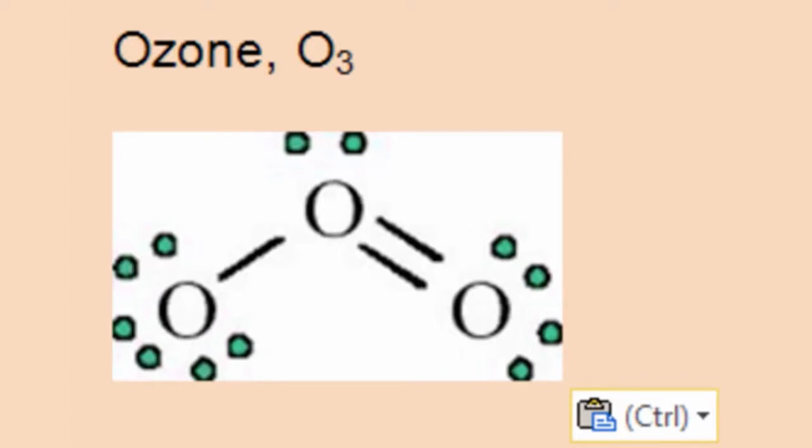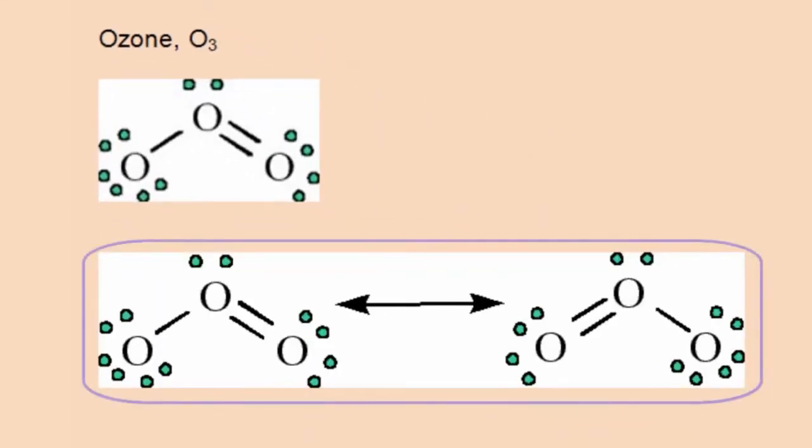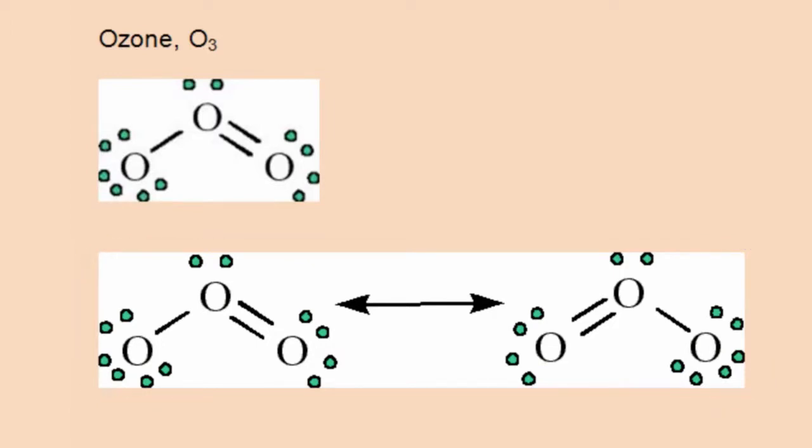If that's the case, then the double bond could be between the other 2 oxygens, and we could come up with another Lewis structure for ozone. These 2 Lewis structures are called resonance structures, and it's customary to put a double-headed arrow between 2 resonance structures.